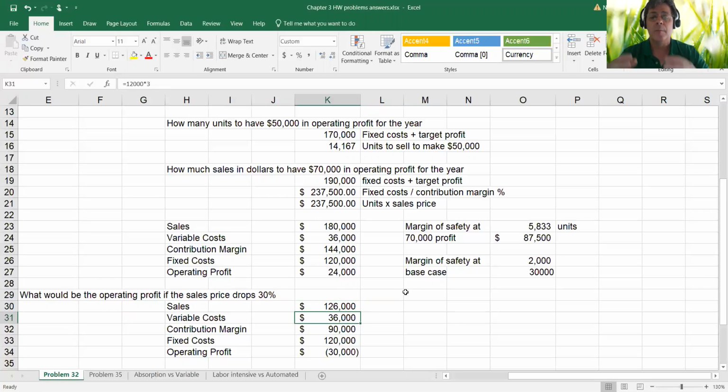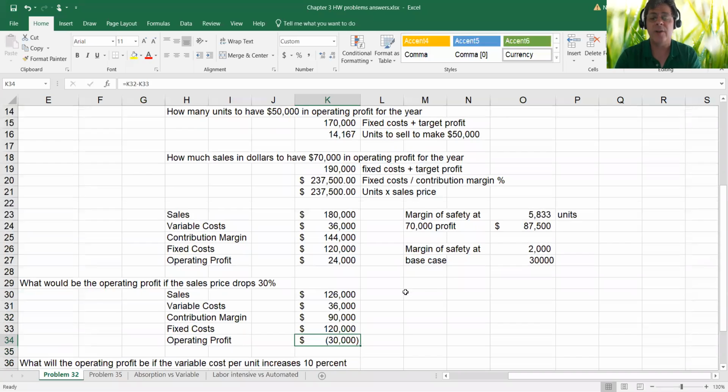In this case, because this variable cost per unit is still $3, and because we still sold 12,000 units, our variable costs are exactly the same as they were in the base case, giving us a contribution margin of 90,000 instead of 144 like they were in the base case. Fixed cost stays the same, of course, because it's not dependent at all on volume or on sales price or anything like that.